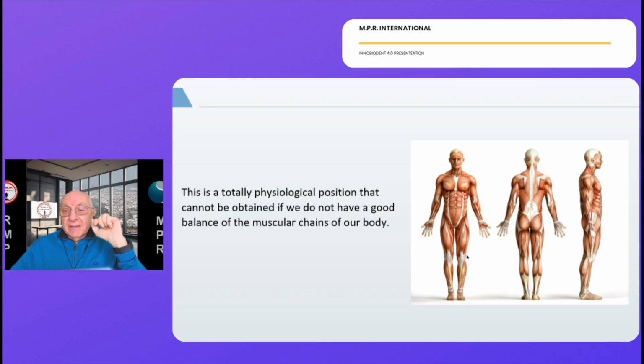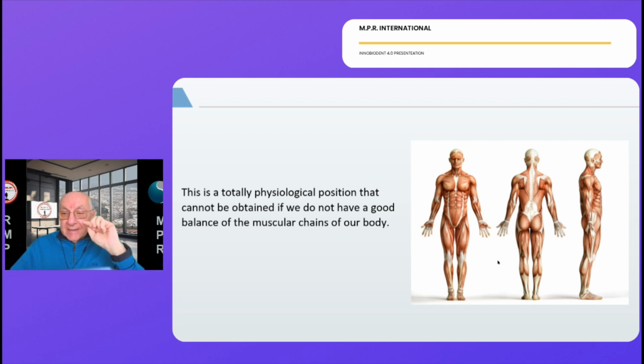This is a completely physiological position that represents the natural state of neuromuscular rest. However, it cannot be achieved unless there is a proper balance within the body's muscle chains. Each muscle chain, from the craniofacial region to the cervical spine and extending through the back, pelvis, and lower limbs, must be functioning in harmony.